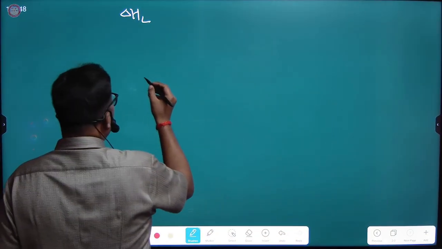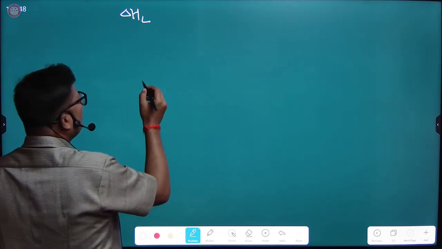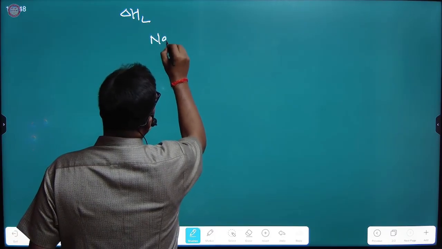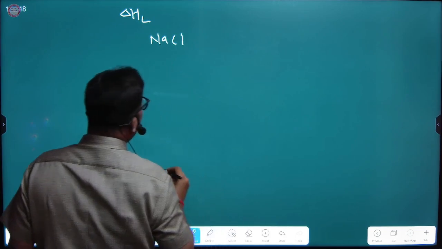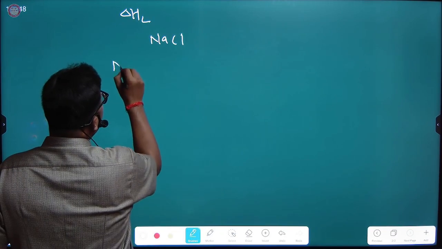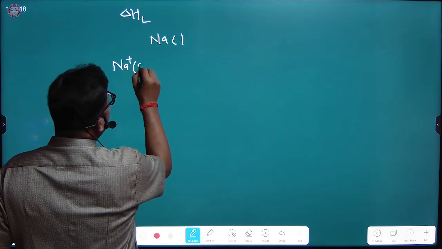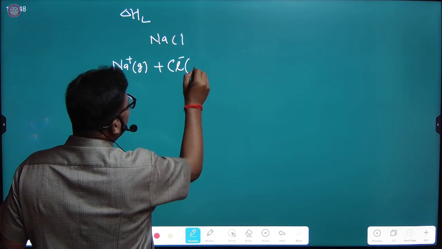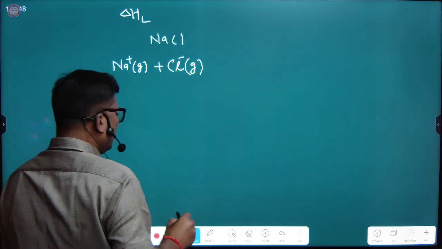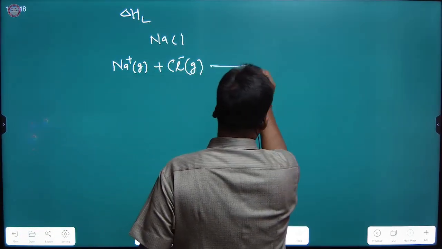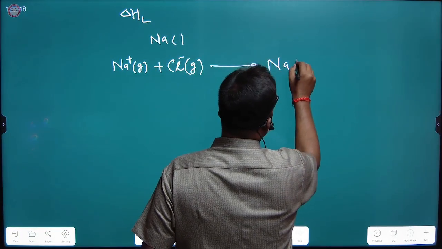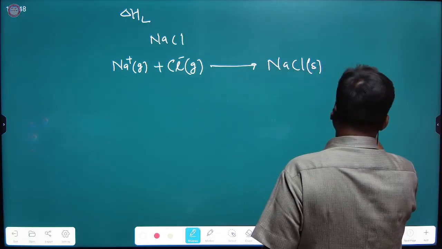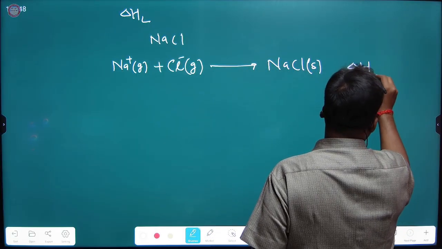So for an ionic compound like NaCl, how does it form? Na+ in gaseous state reacts with chloride ion in gaseous state, so that forms NaCl in solid state, and the energy released is delta HL.